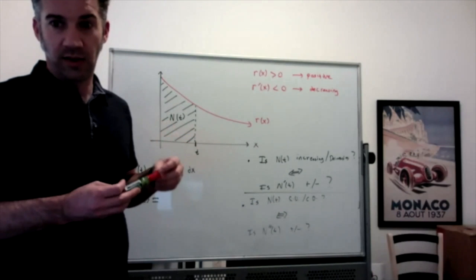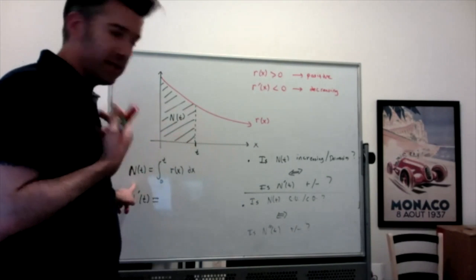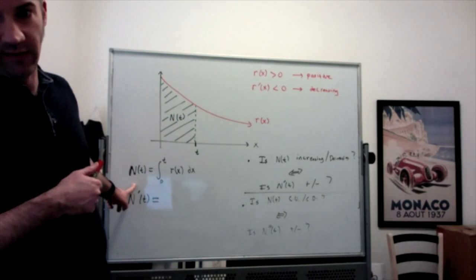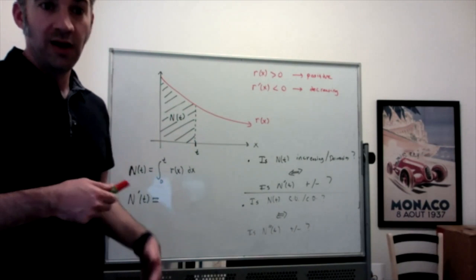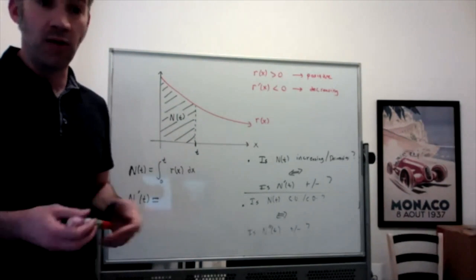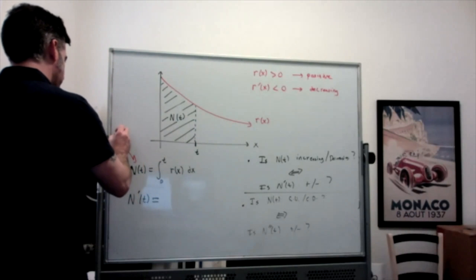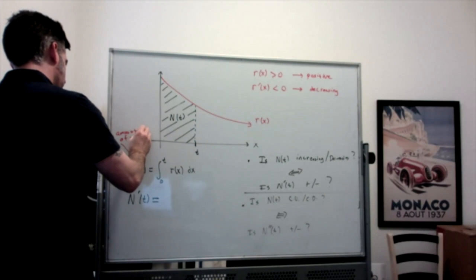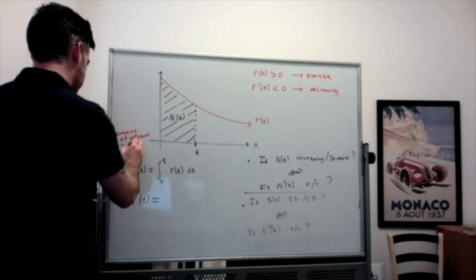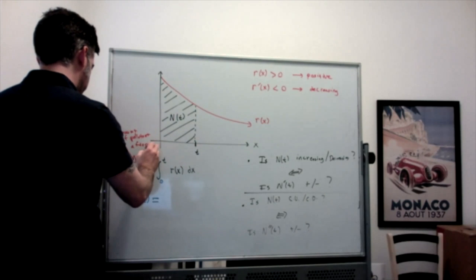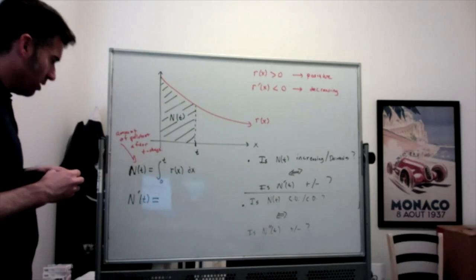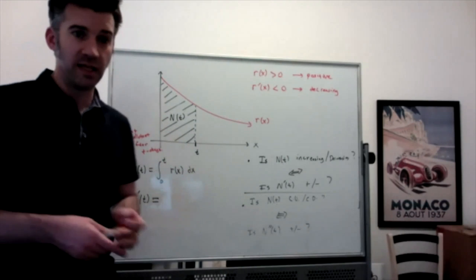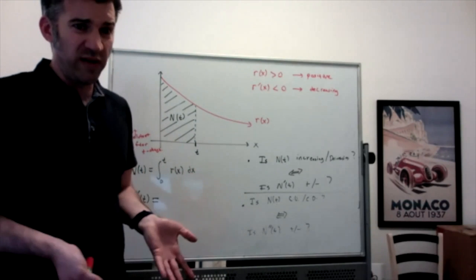So the setup here is that the quantity N of T, measured in kilograms of a pollutant that has leached from a toxic waste site after T days, is given by this integral. So N of T is the amount of pollutant after T days. Let me ask you conceptually, if N of T is the amount of something, what's the derivative?